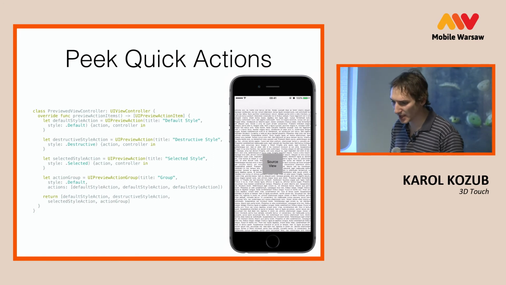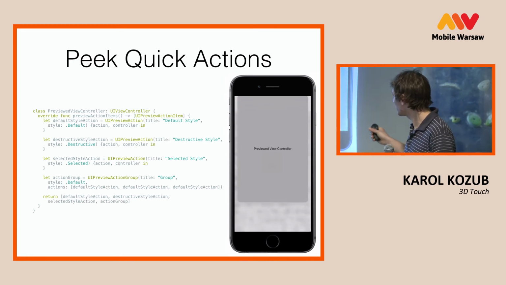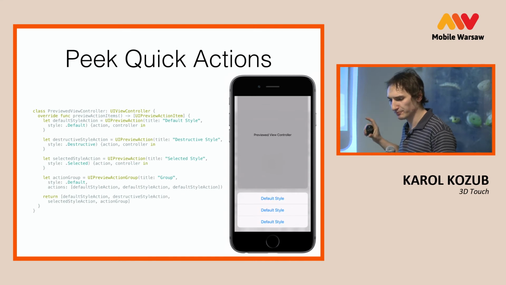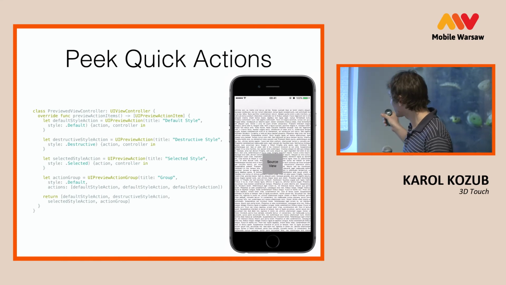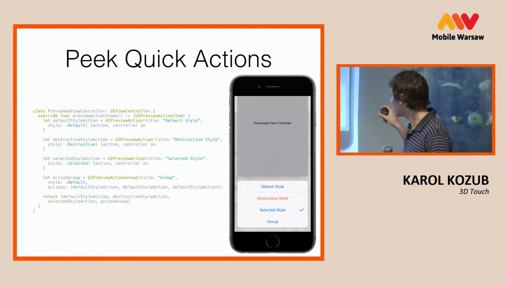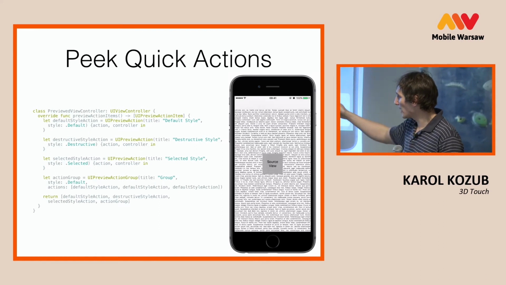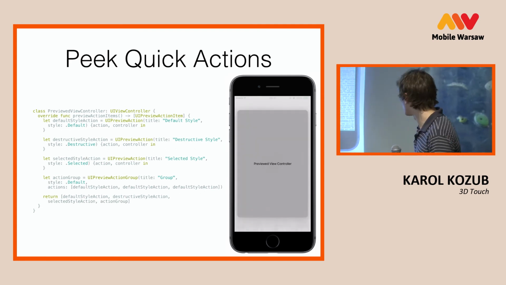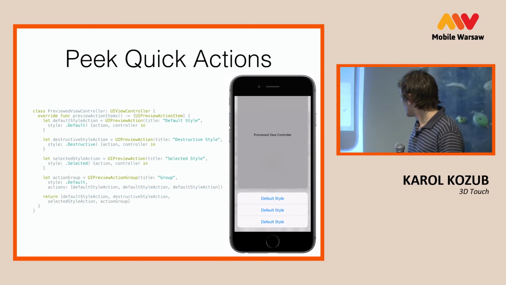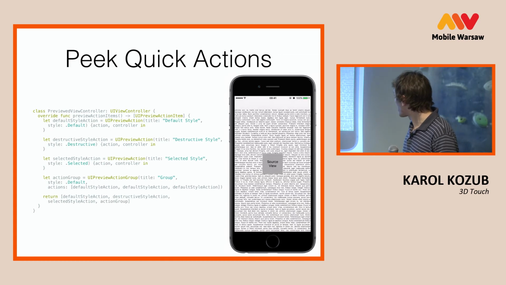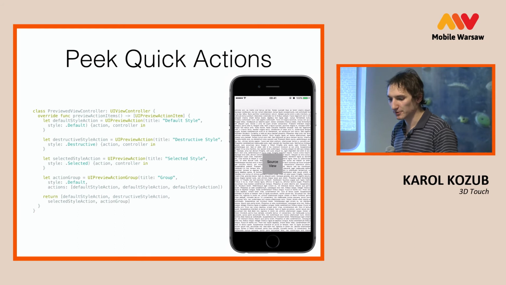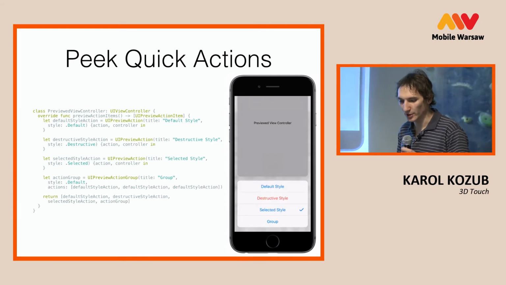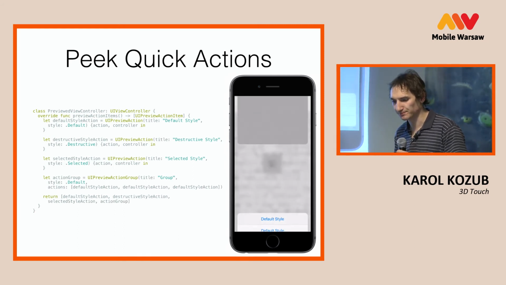So as you can see on the right, when we first show the preview, we swipe up to show the menu. And then after selecting the action group from the menu, we get another menu with the actions from the array defined in the action group. Also, we can just swipe down to hide the preview if we don't want to select any action at all.